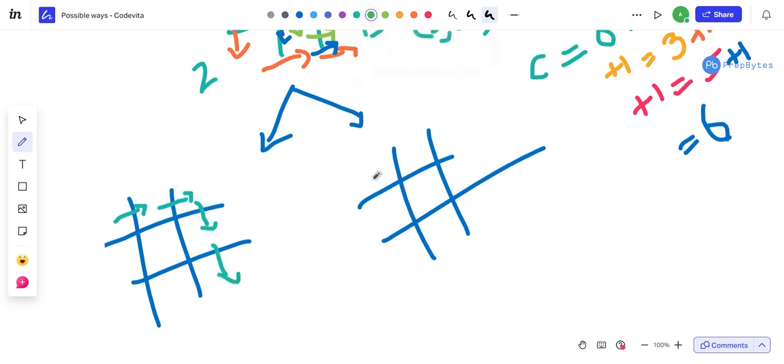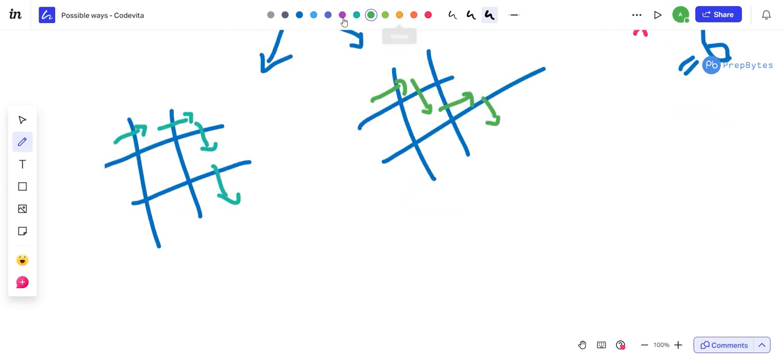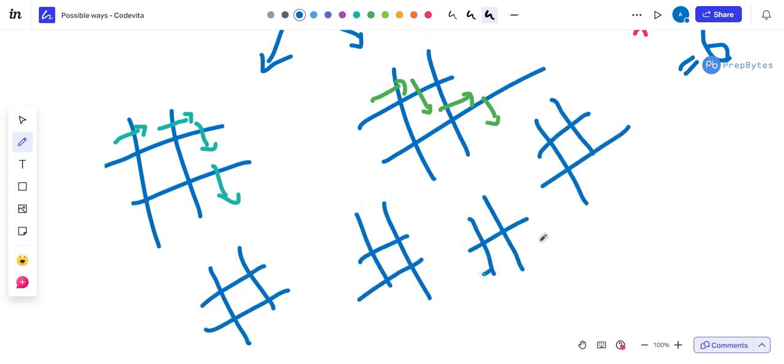The second way was like this, then like this, and like this. So let's draw again the other possible ways. I need one more. Yeah, that would do the work. So that's the first, that's the second.